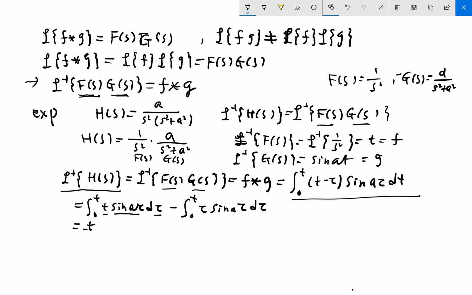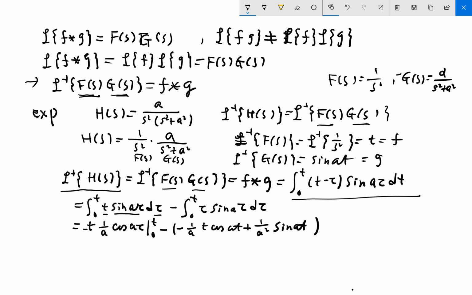That gives you negative 1 over a cosine a tau, evaluated from 0 to t. Okay, the second one, you need to use integration by parts. You're going to get 1 over a t cosine at plus 1 over a squared sine at.